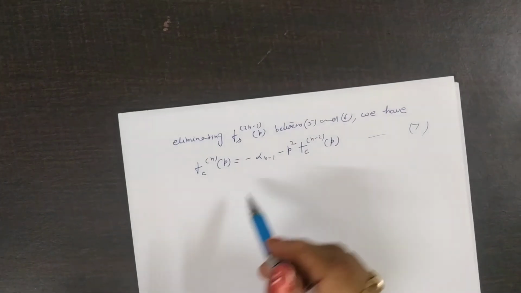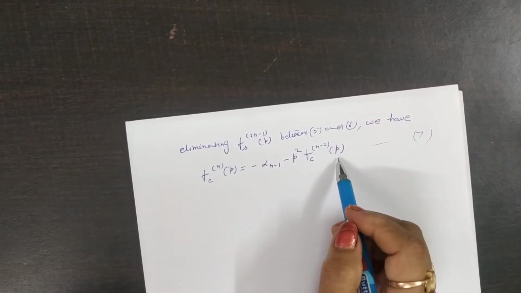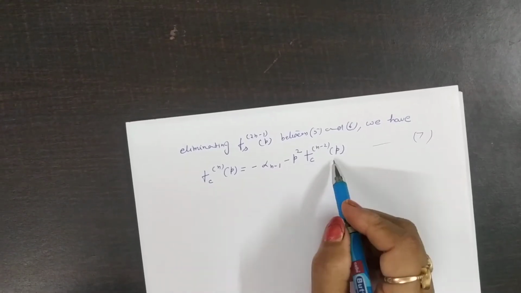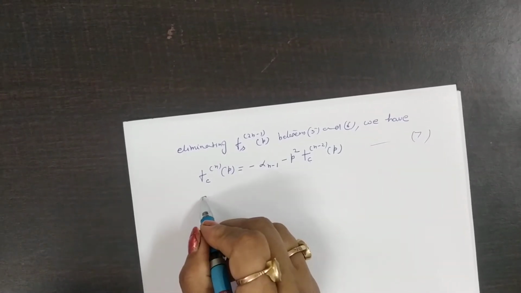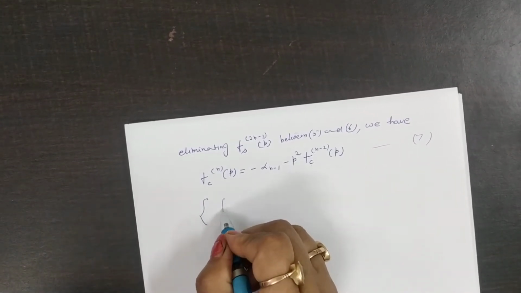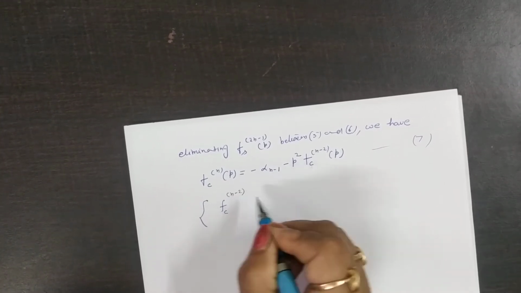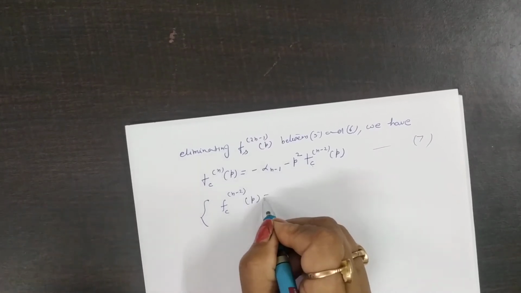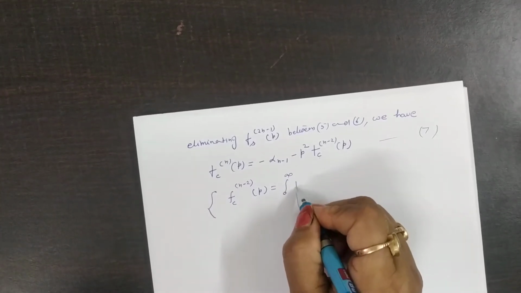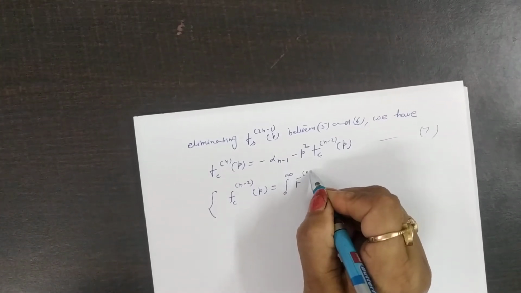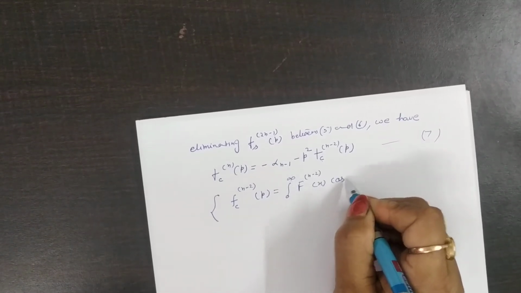Now repeating this process, the next term will become this one, so you substitute this term. If you similarly operate on F_c n minus 2 p, by the definition this becomes the integral from 0 to infinity of f n minus 2 x cos px dx.